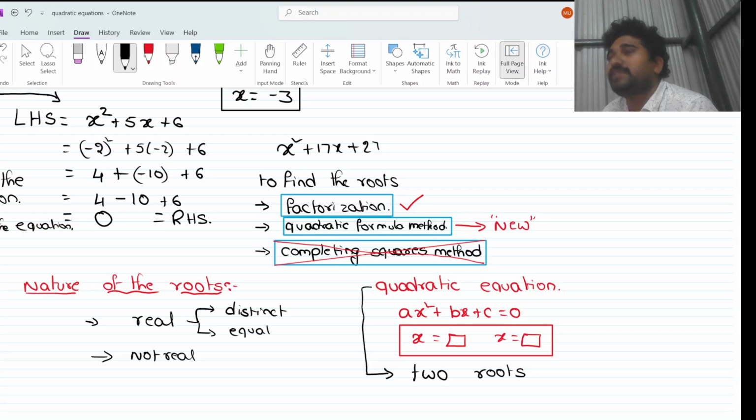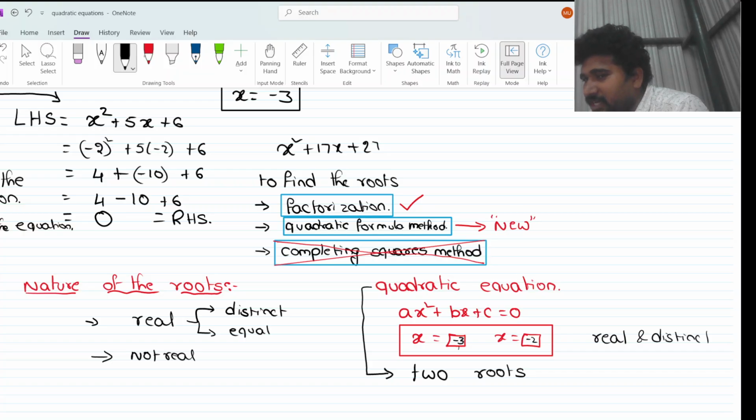If you remember, sometimes x value will come as -3 and -2. These are real numbers. Are both the same or different? They are different. So that is the case called roots are real and distinct. Suppose x came as 3 and the other x also came as 3.